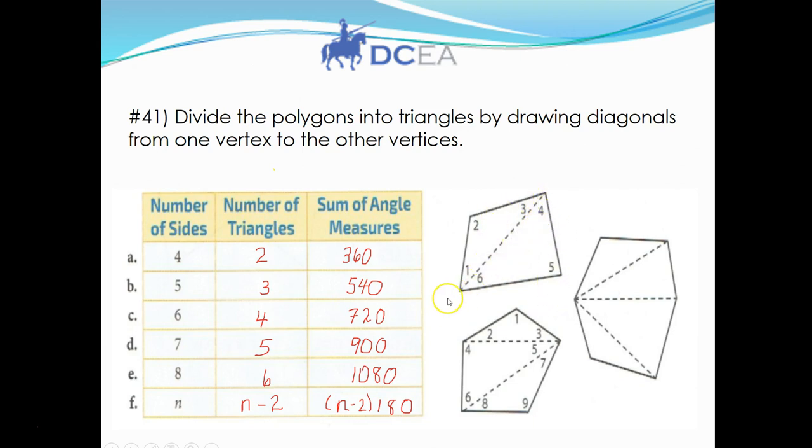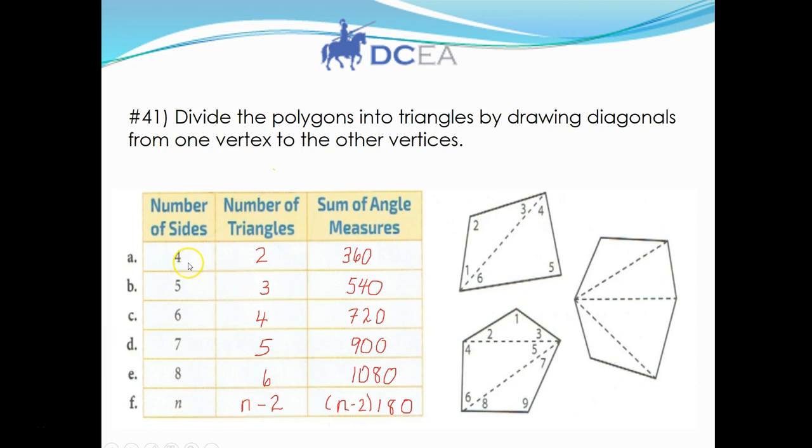It only has one diagonal. If you remember, you cannot use the sides of the figure to draw from vertex to vertex. And we split it into one diagonal here, and we end up with two triangles.